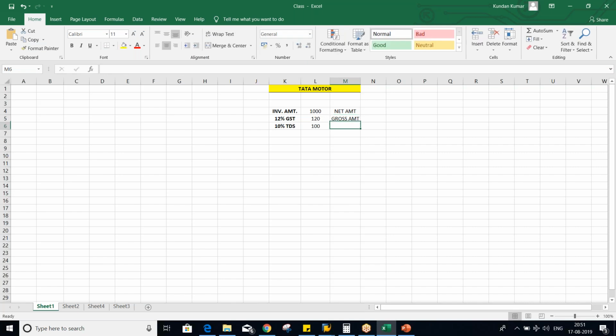If the base amount is the net amount, then it is calculated on 1000. If the base amount is the gross amount, meaning invoice amount plus GST, so 1120, then the TDS deducted will be around 112.